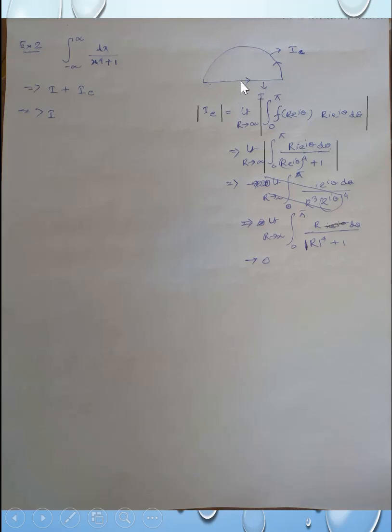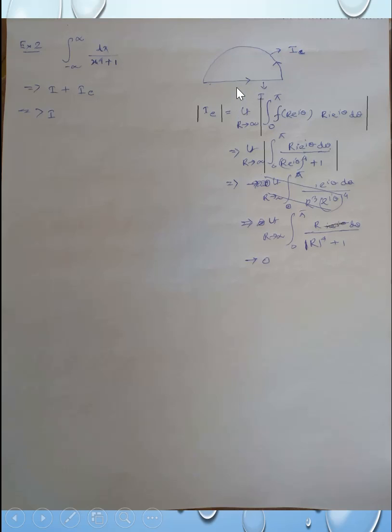Here it is 0, I have forgotten to write it, and the extremum on the right is r, and on the left hand side it is minus r. Now if you put the limiting value of r, you easily can get minus infinity to infinity. So that's why we have taken this type of contour.